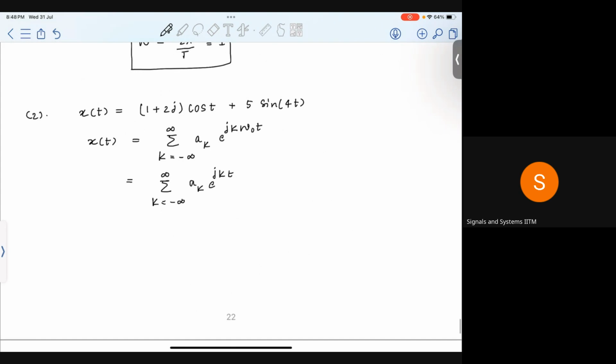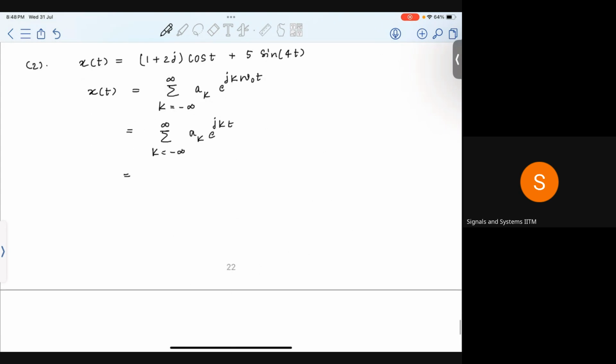Right? When you expand, how does this look? This is a0 e power 0 plus a1 e power jt plus a2 e power 2jt plus a3 e power 3jt and so on.